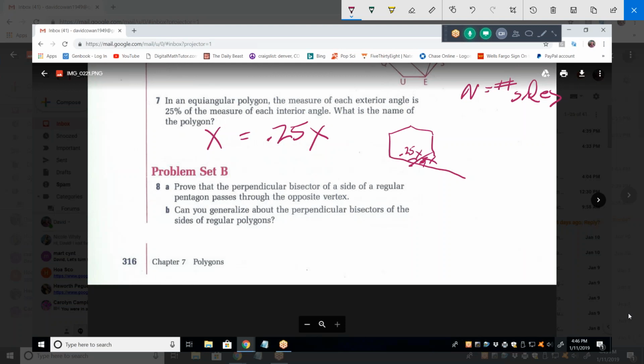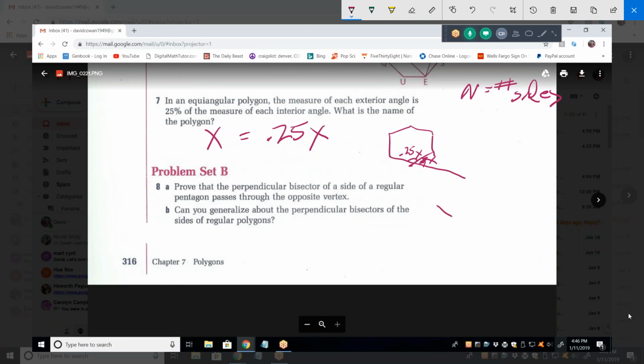What is X going to be? If it's a hexagon, we know that n is 6. Can you figure out X if you knew that n was 6?